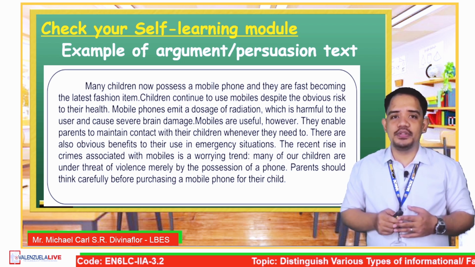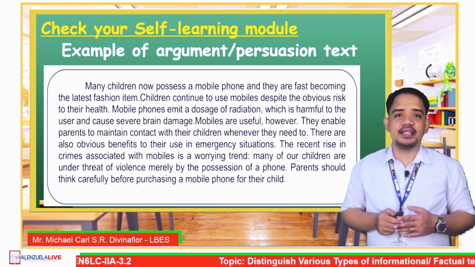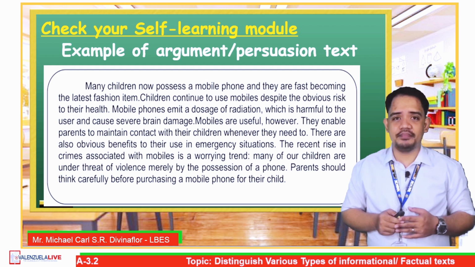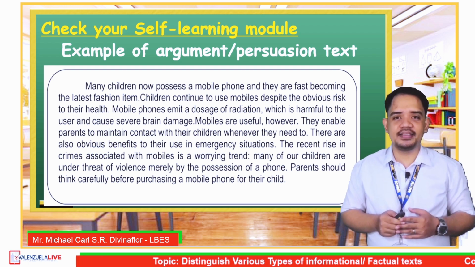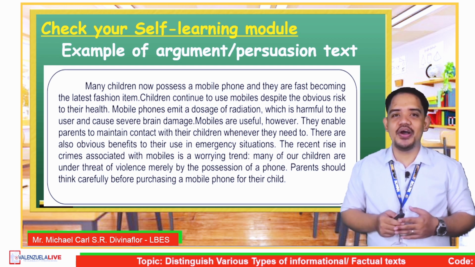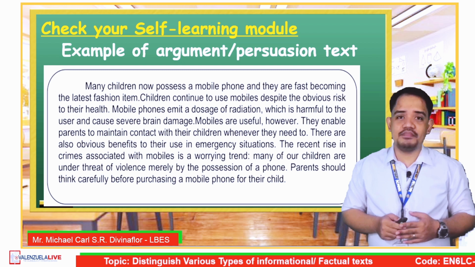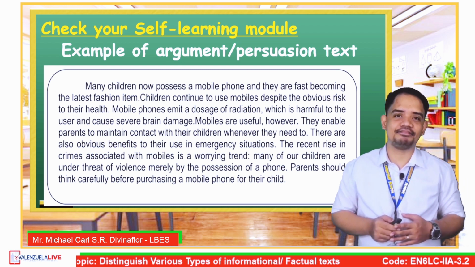There are also obvious benefits to their use in emergencies. The recent rise in crimes associated with mobiles is a worrying trend. Many of our children are under threat of violence merely by the possession of a phone. Parents should think carefully before purchasing a mobile phone for their child.